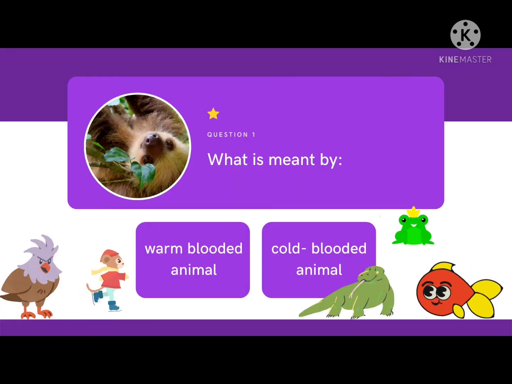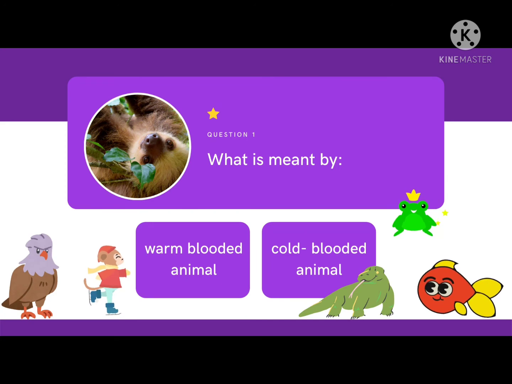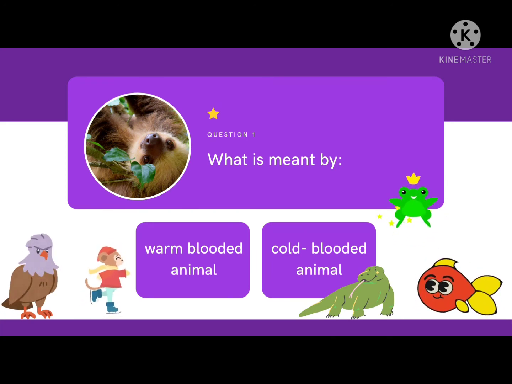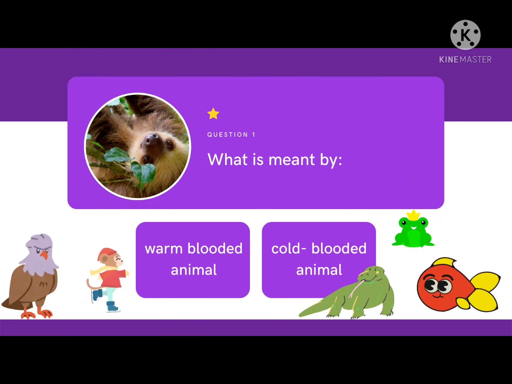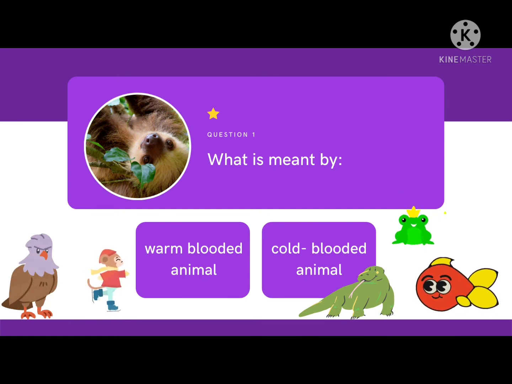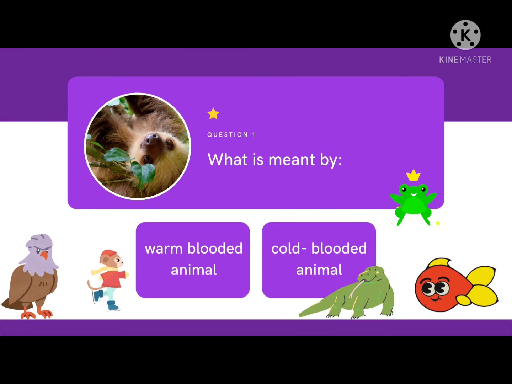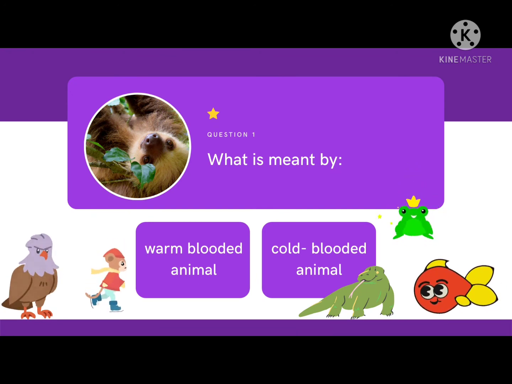What does it mean by warm-blooded animals and cold-blooded animals? Warm-blooded animals keep the inside of their bodies at a constant temperature. The examples for warm-blooded animals are mammals and birds.